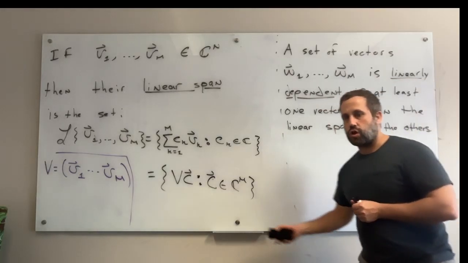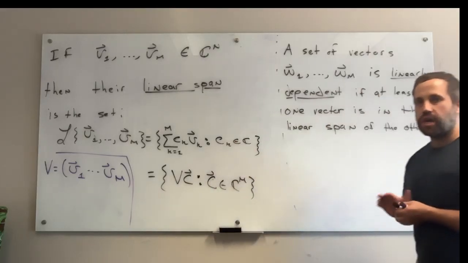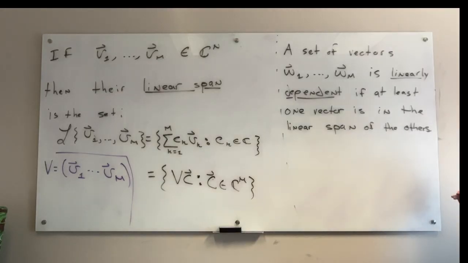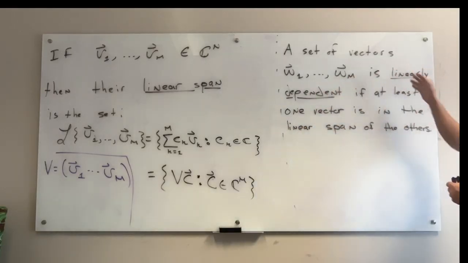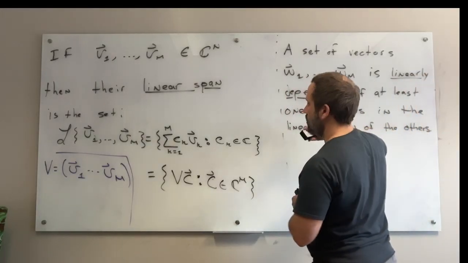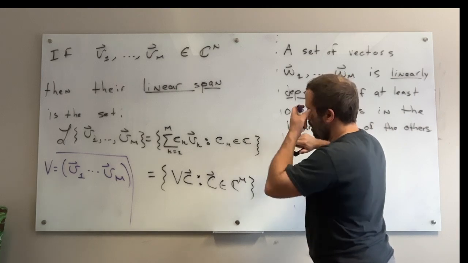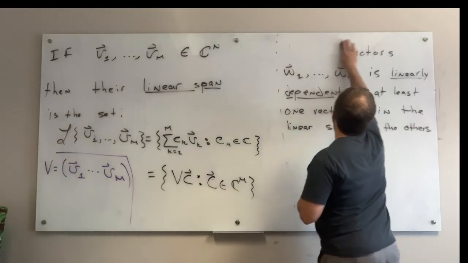But let's just talk for a moment about what some of these things might imply if we look over here. So again, this is the set of vectors and what it means for them to be linearly dependent. So let's see, I think I'm going to have to erase this.